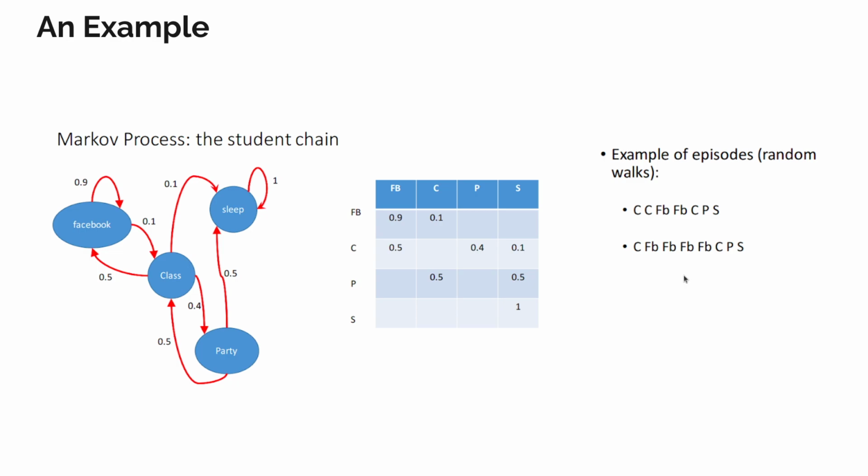This is pretty easy. You are in class, start with class. From class to class, what is the reward you have to see? Class to Facebook is 0.5. Class to class should be there, but it is blank.